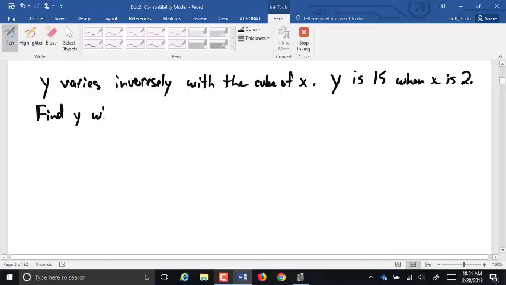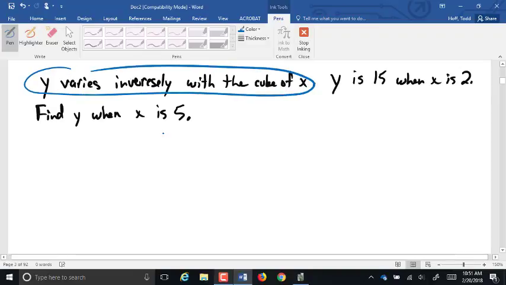Find y when x is, oh, what do I want to put in here? Let's go 5. So where do we start? K over x cubed, right?